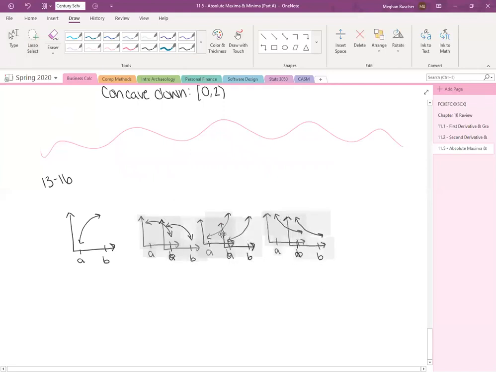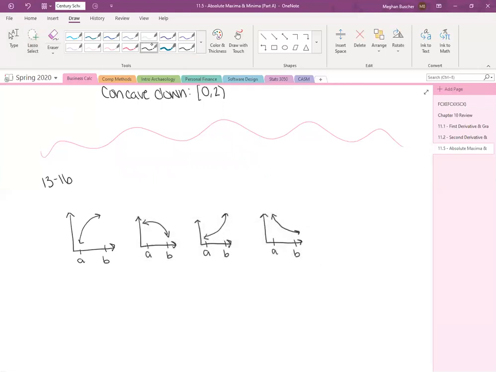Okay, so for this graph, are we increasing or decreasing? We're increasing. So what does that mean in terms of the first derivative? Is that going to be positive or negative?